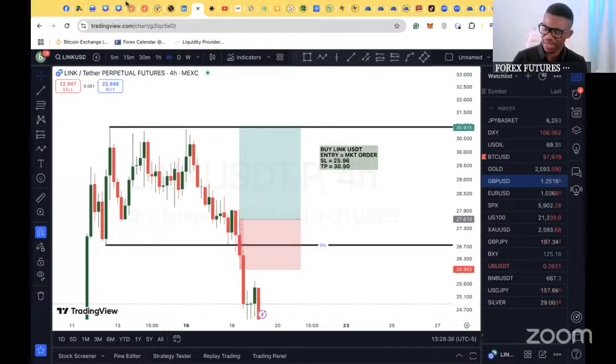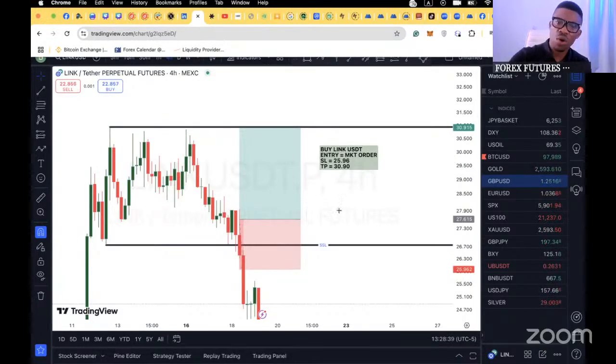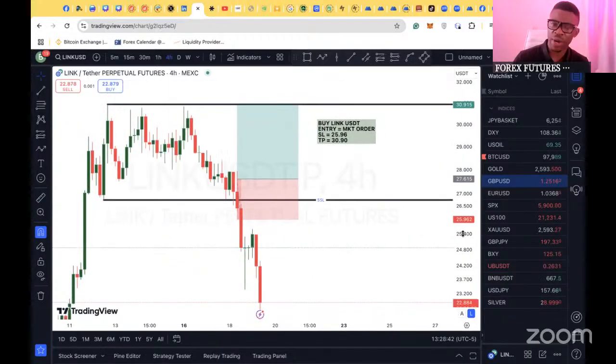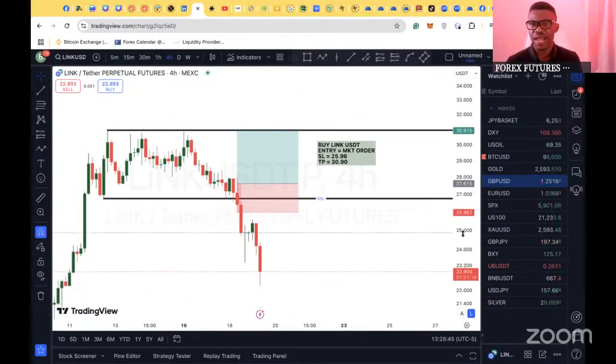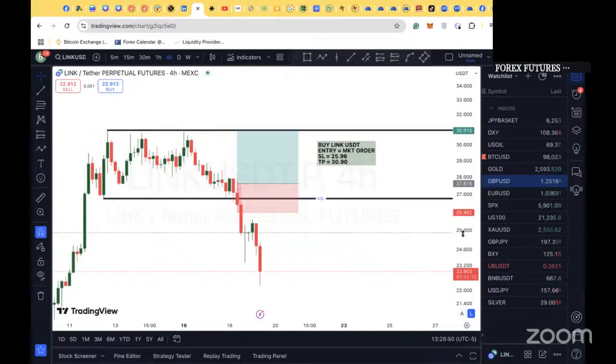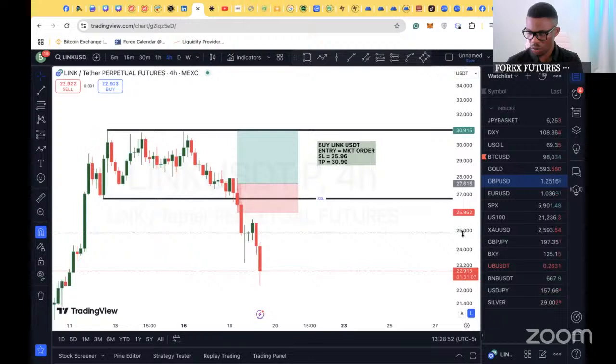And I remember yesterday when we were doing an analysis, we analyzed this particular pair, Link USD. And oh my God, thank God for risk management. We would have blown our account because of that pair. We saw every opportunity to buy the pair. In fact, we bought the pair.